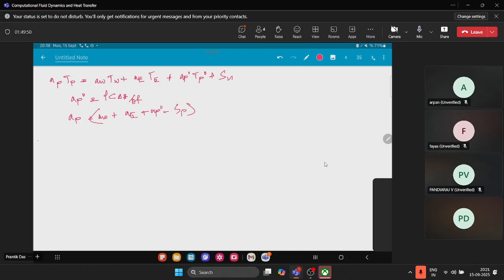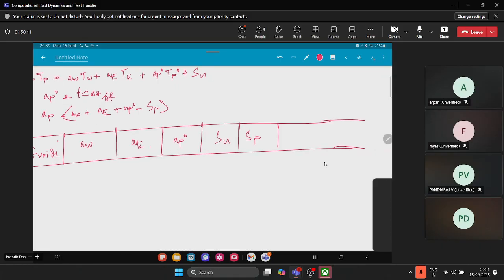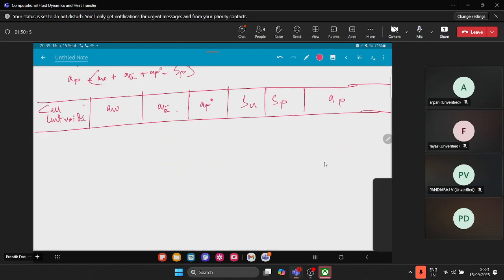So if I go to the cells and parts, this one is AW, this one is AE, this one is AP naught, this one is AC, this one is AP, and these are cells 1, 2, 3, 4 and 5.